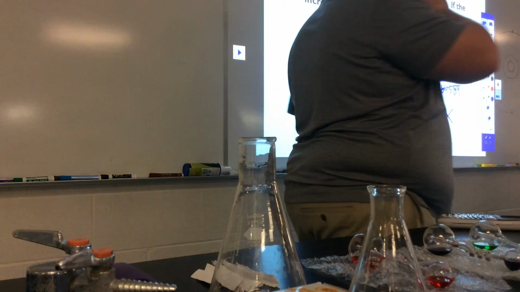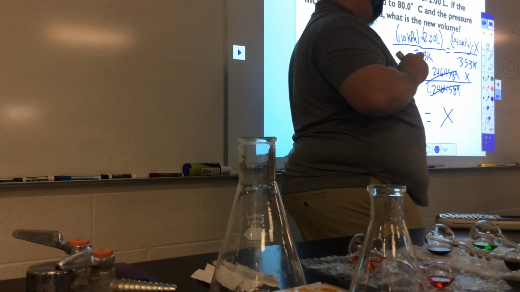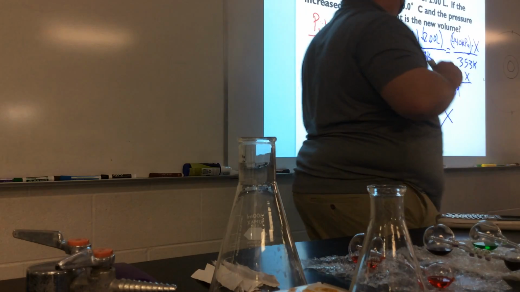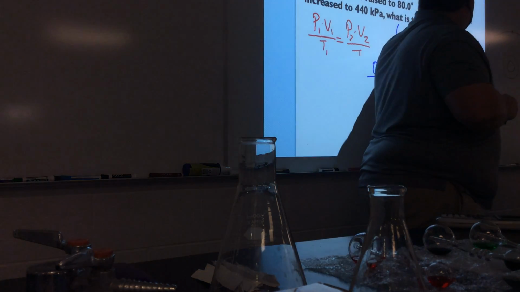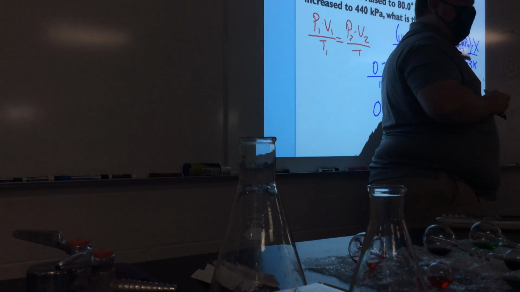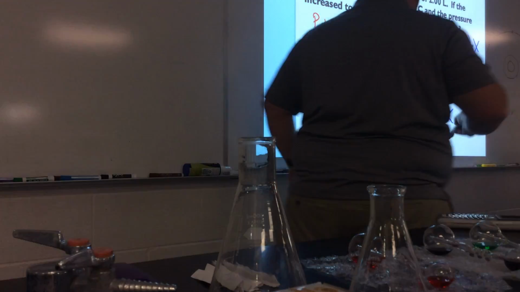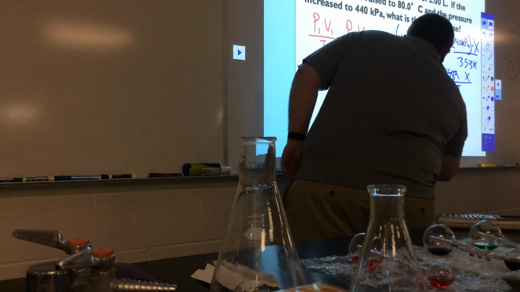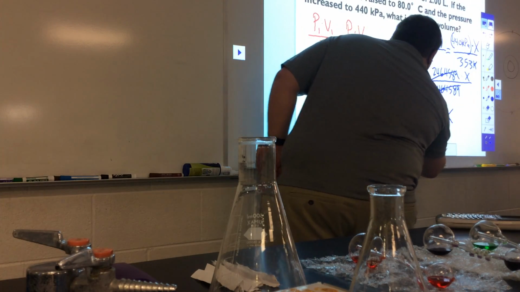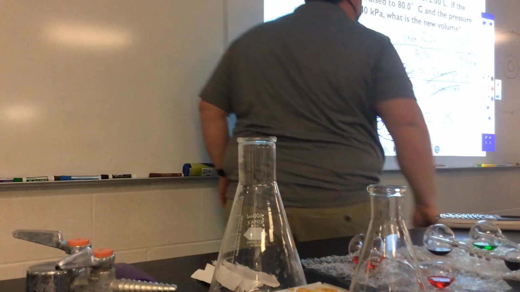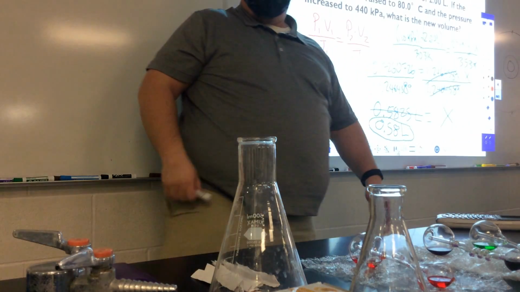Not 3. Close. 2. This one only has 2. You see it? That has 3, that has 3, that has 3, and that one has 2 as well. So 2 is my lowest, so I'm going to round this to 0.58 liters. Okay? Questions?